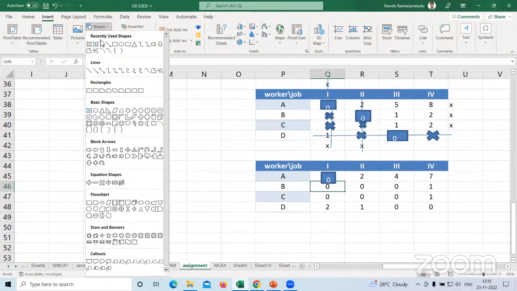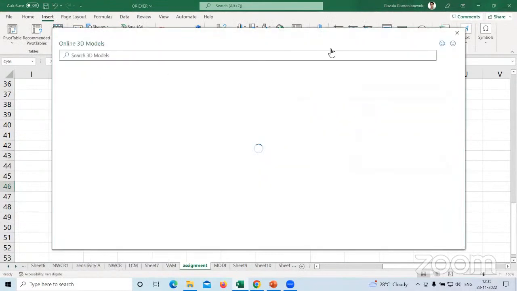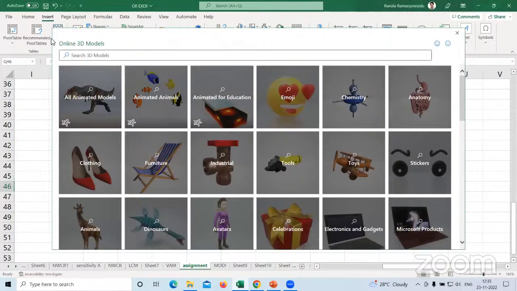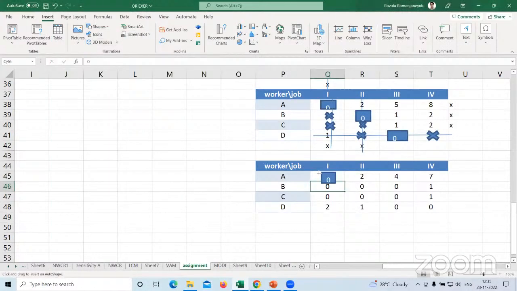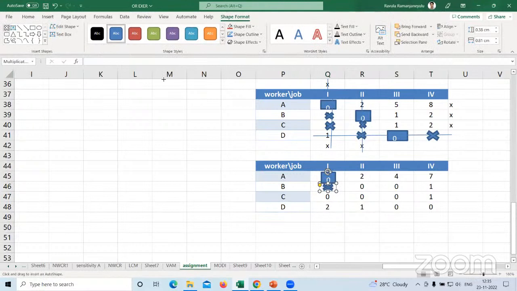So we need to cancel these zeros. This zero is cancelled. This 0 gets cancelled.